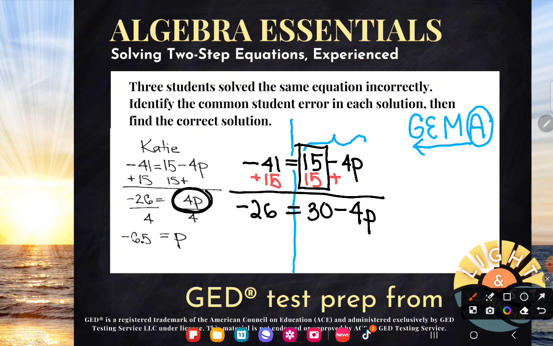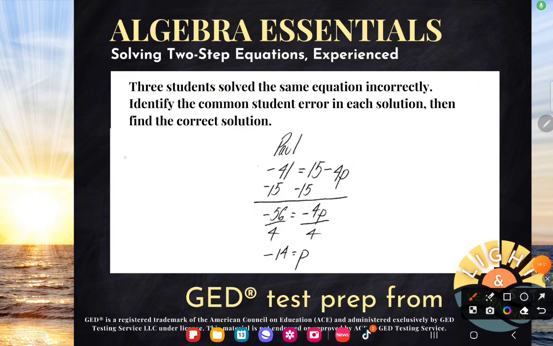She thought that the minus belonged to the 15, but it doesn't. That minus tells us what the 4p is doing. Because the 15 is positive, it's like we're adding 15, so to make it zero out, I need to subtract away 15. Okay, so we got what Katie did wrong.